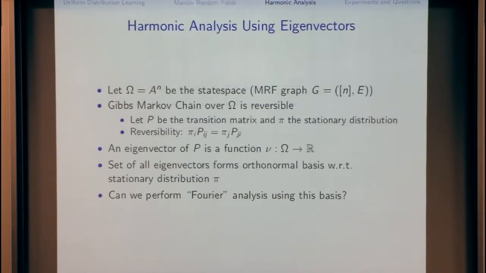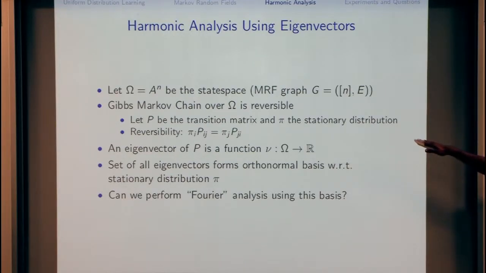Now let me move on to see what we can actually do with them. Let me recall what this scenario was again. Omega, which is A to the n, is our instance space, or the state space. And this is the Gibbs Markov chain associated with the Markov random field. A nice property of this Gibbs chain, which I didn't mention earlier, is that it's reversible.